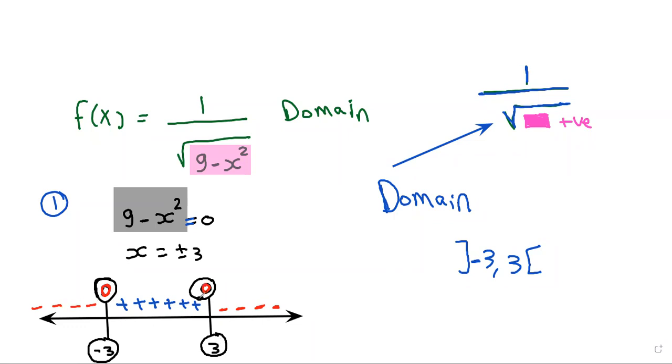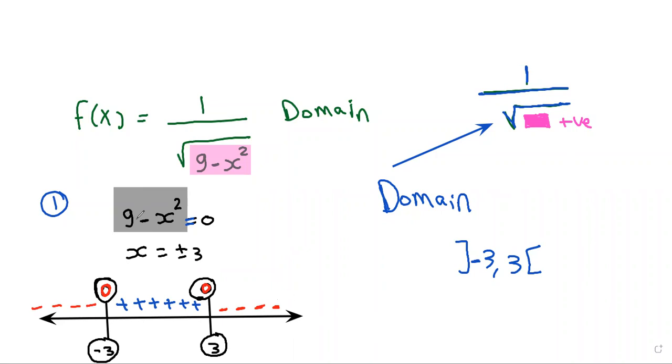Now, I want to find the sign of the function if x is greater than 3. So take a value greater than 3, like 100, and put it in the function. It's 9 minus 100 squared. For a value greater than 3, I always say 100.